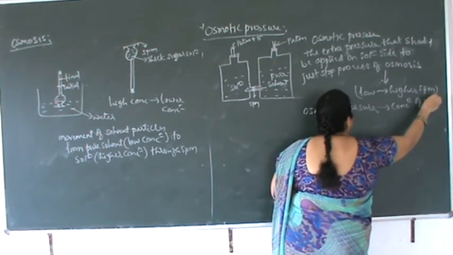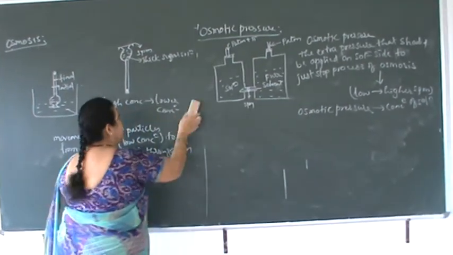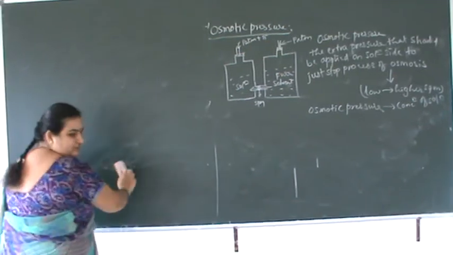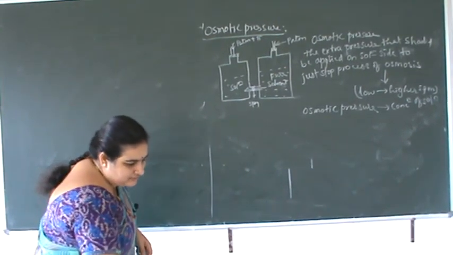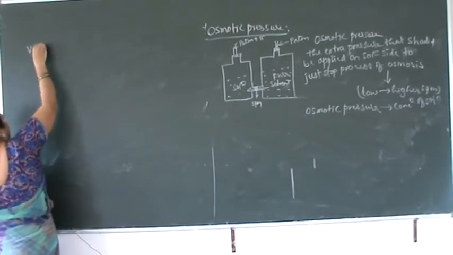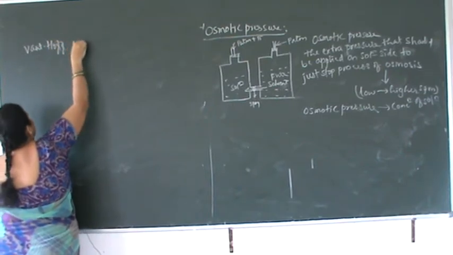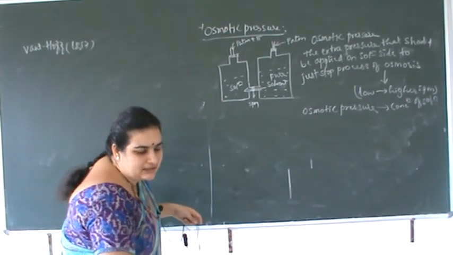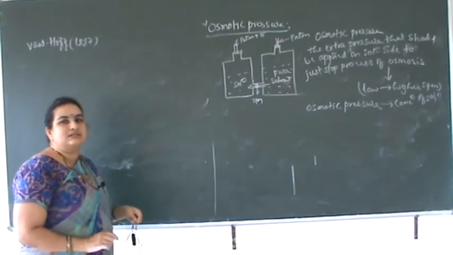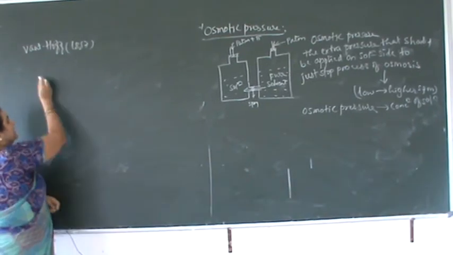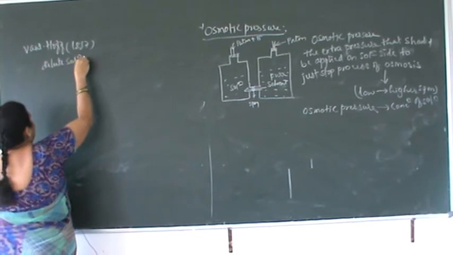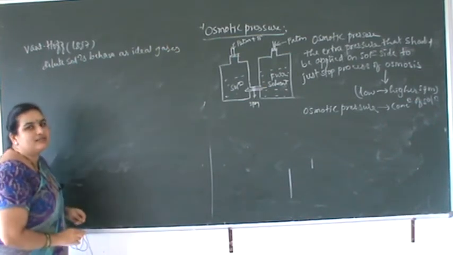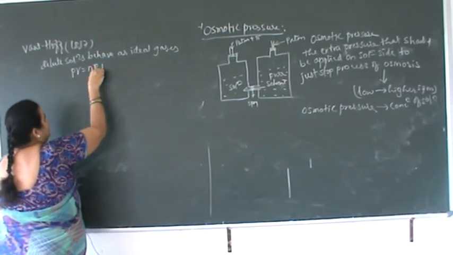So the how and why, let me explain. Next point: the scientist Van't Hoff, in the year 1887, discovered that dilute solutions behave as ideal gases do. The ideal gas equation we already know: PV equals nRT.